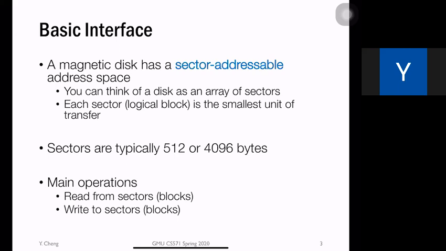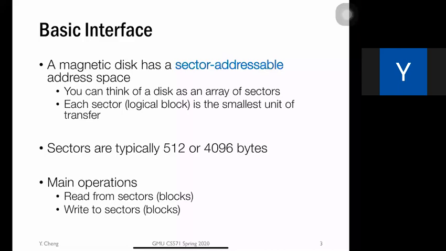Okay, and this is the important thing that you need to memorize. You need to remember: the sector is the basic read and write unit in the context of a hard disk drive, because a hard disk drive is also called a block storage, and the same goes for flash-based SSD devices. These kinds of external secondary storage devices are called block devices. If you want to read one single 4-byte integer, say, you need to read this whole sector, this whole disk block, out from the device, and the size of which is typically half a kilobyte or 4 KB, right?